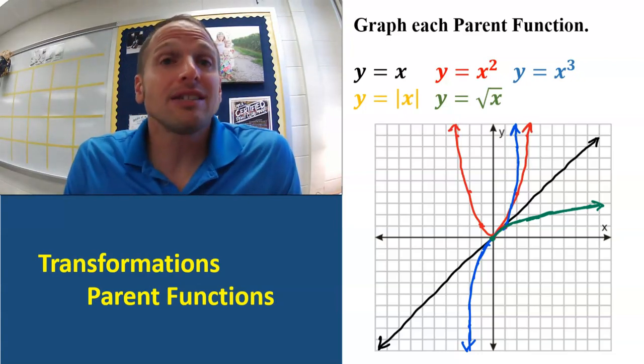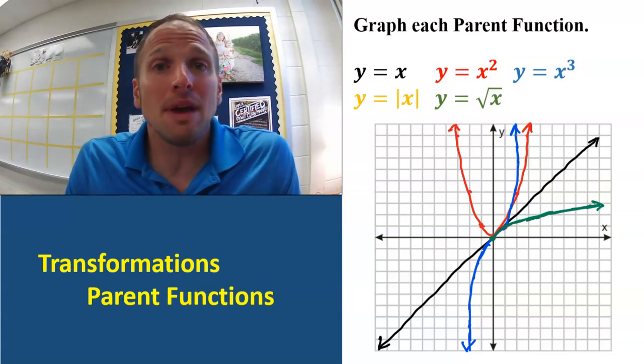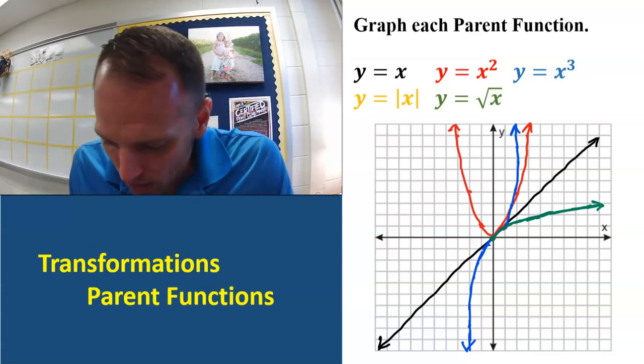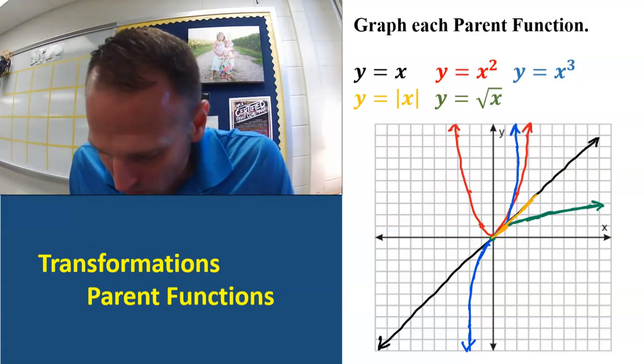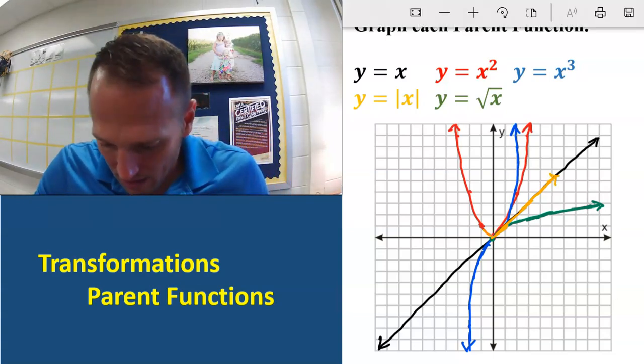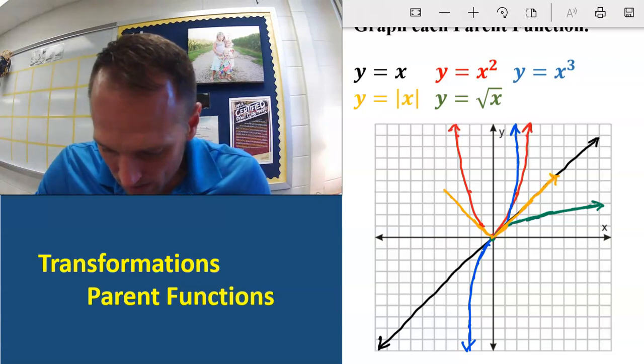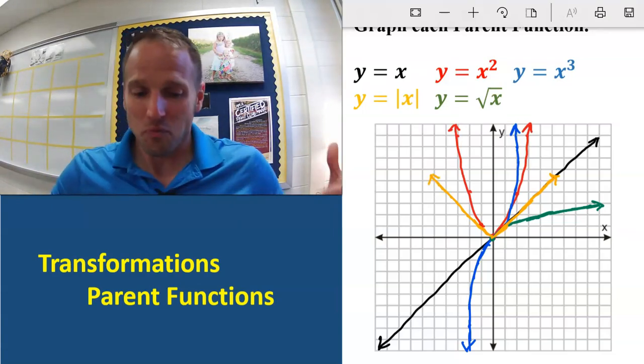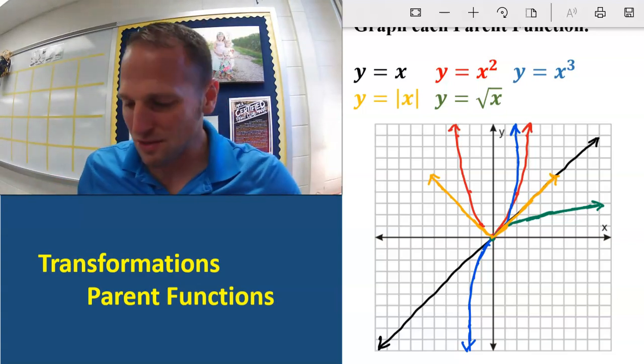AV. Absolute value, AV, makes a V for the graph. We start right here in the middle, and it goes up, and it actually follows that y equals x line, and then comes back the same way, going like that. And you see how it makes a V? Pretty cool. Kind of nice when things are that easy to remember.